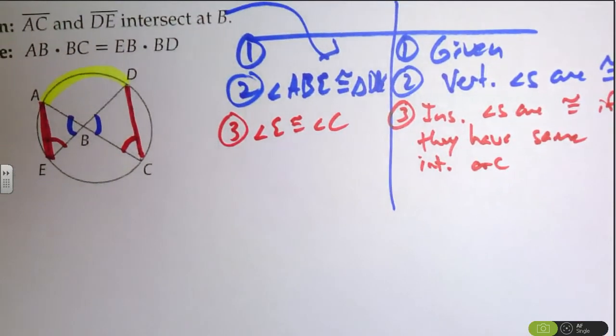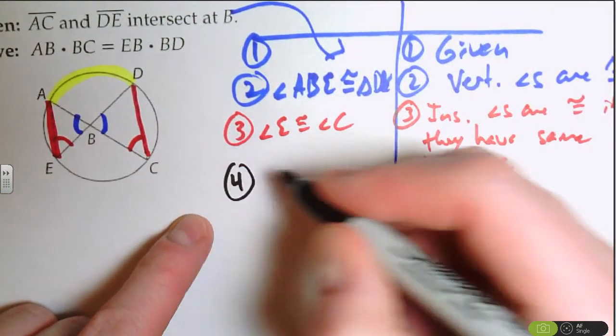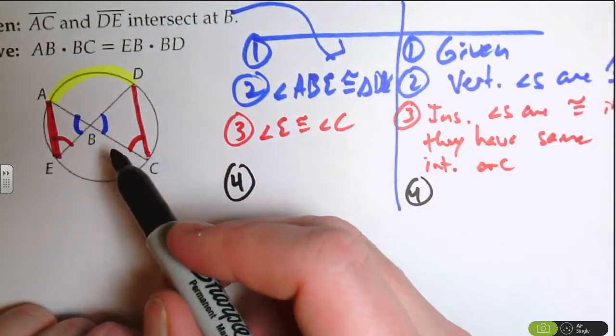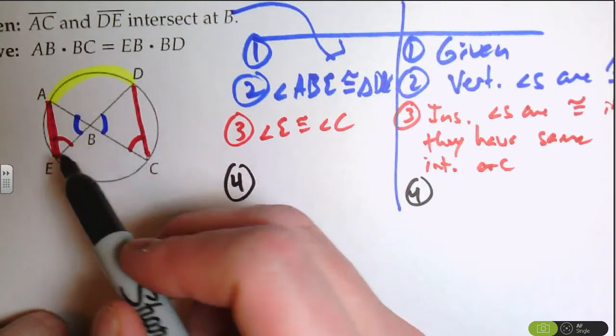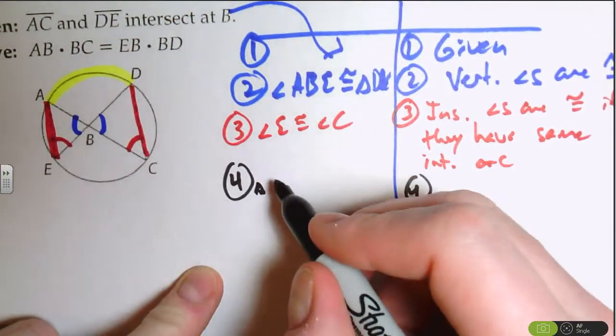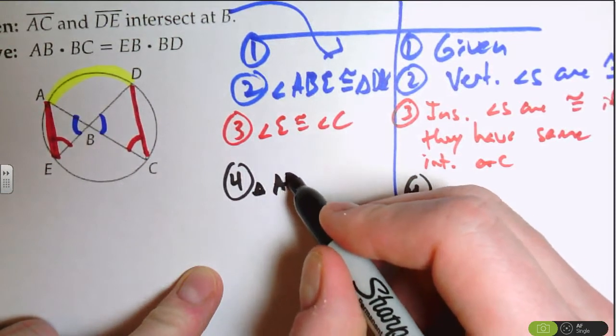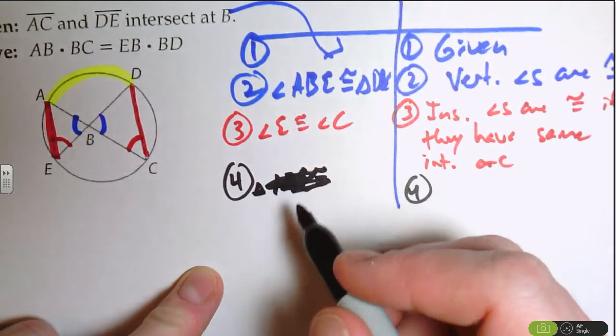Step 4 is, well, you're kind of done, not as far as the proof is concerned, but with proving the triangles similar. The tricky thing about step 4 is I have to make sure I'm right with the order. Angle B and B correspond, E and C correspond, making A and D correspond. So if I say triangle ABE is congruent to triangle... no, not congruent, similar.